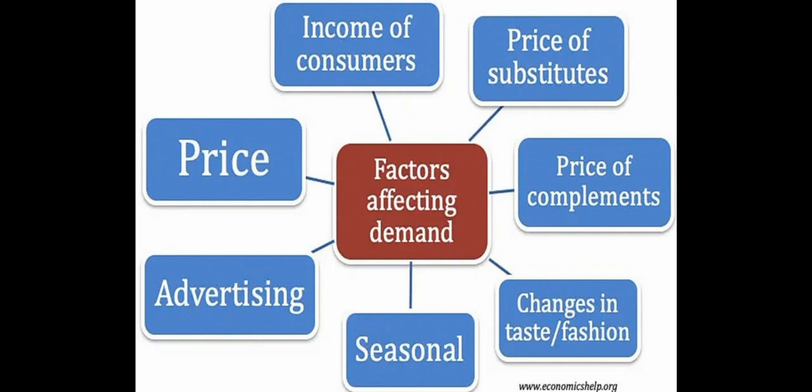Likewise, prices of complementary goods are also assumed to be constant. Complementary goods are those goods that are jointly demanded, like petrol and car, fountain pen and ink, etc. A change in price of a complement shall have effects on the demand of the other complement, hence it is assumed to be constant.